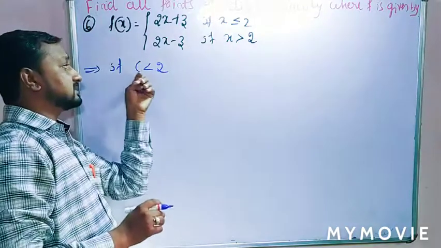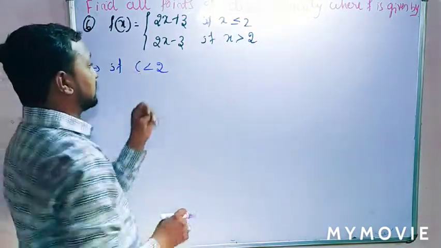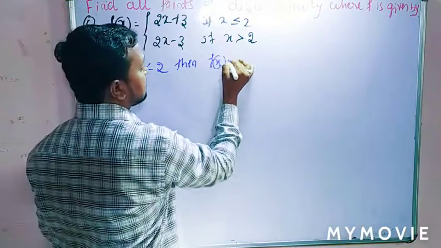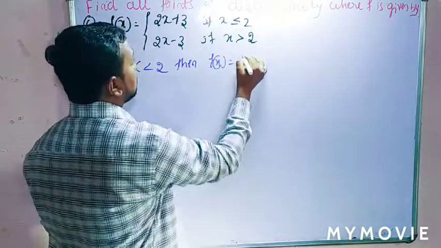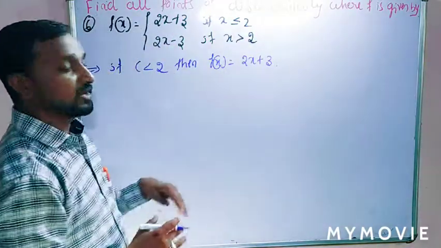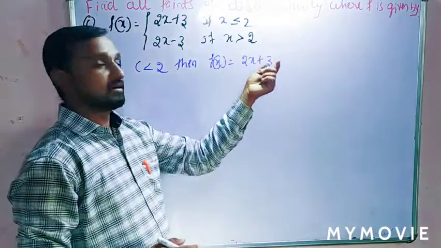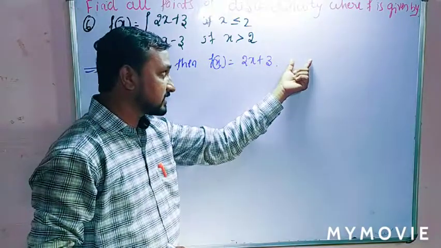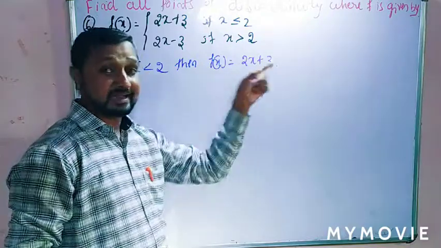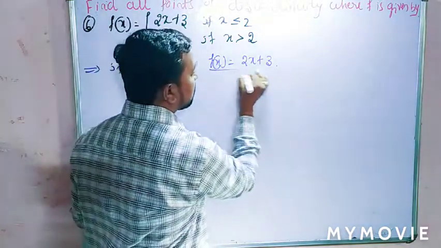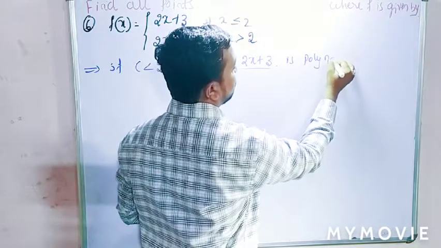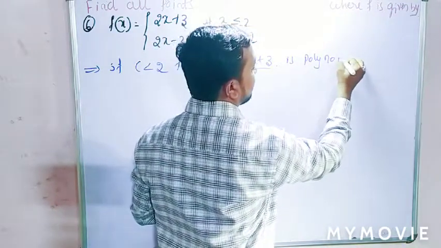At x equal to c, c is a real number less than 2, so f of x is equal to 2x plus 3. f of x equal to 2x plus 3 is a polynomial function.